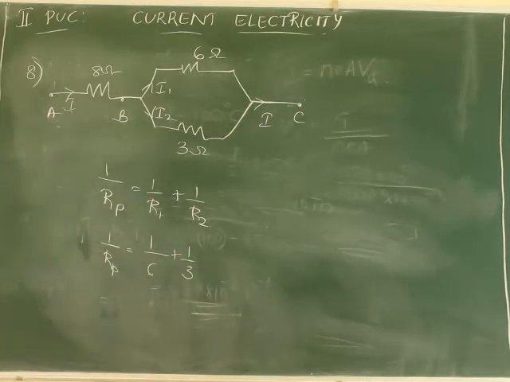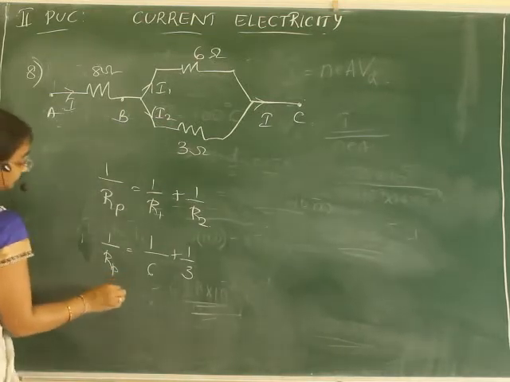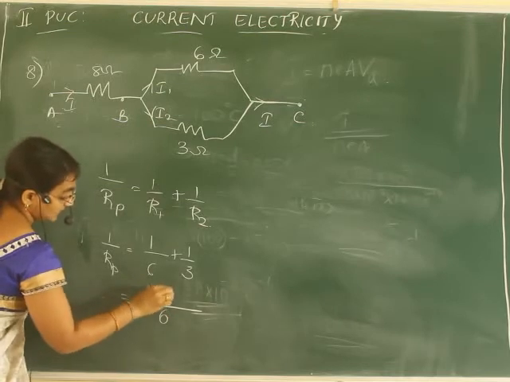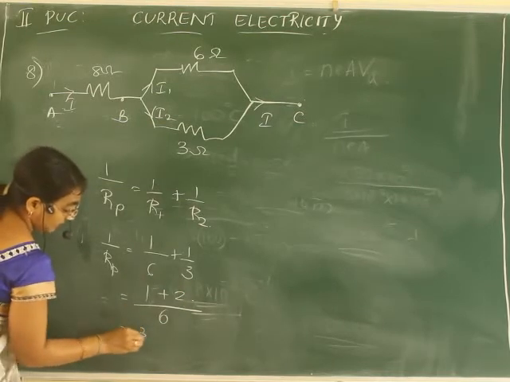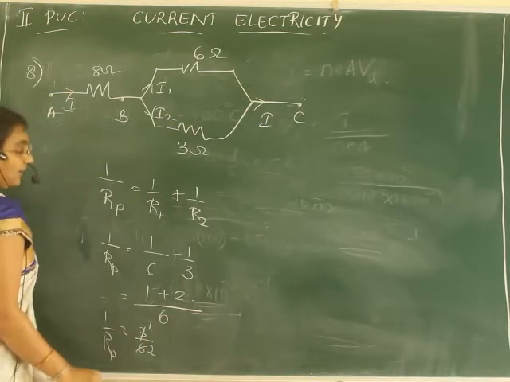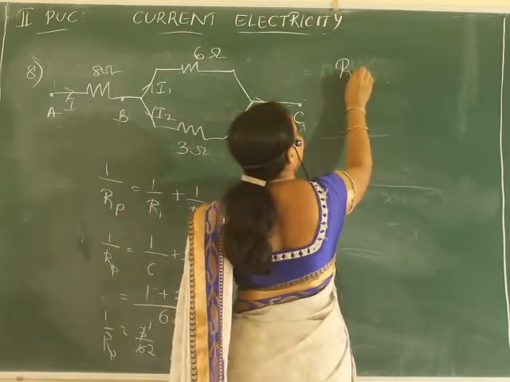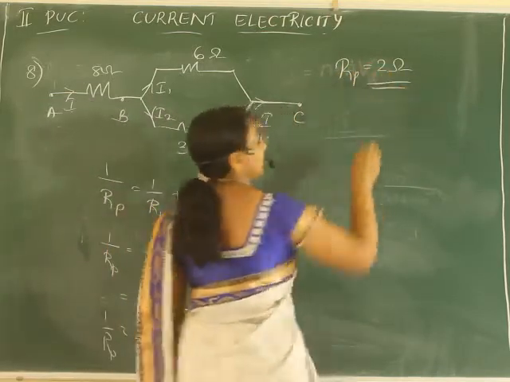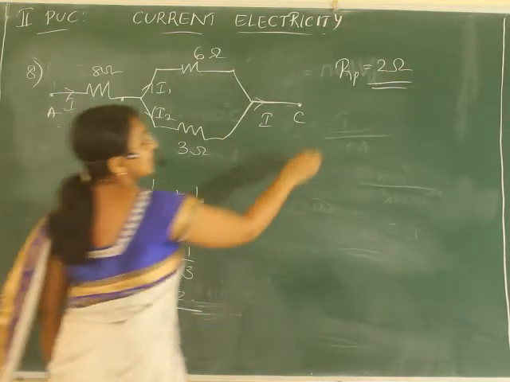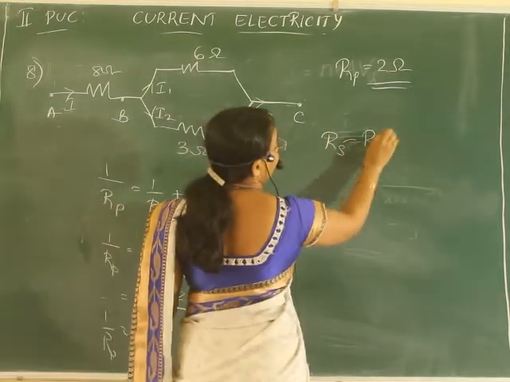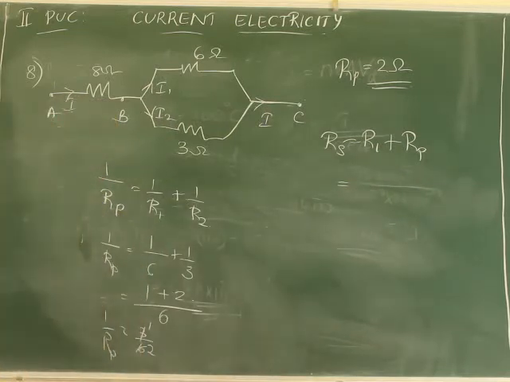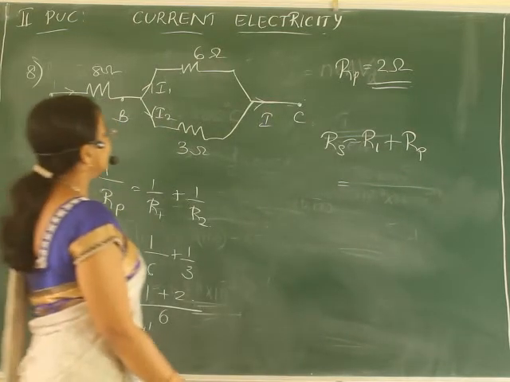What is the answer? 1 plus 2, that is 3 by 6. 3 ones are, 3 twos are. 1 by Rp is equal to 1 by 2, or Rp is equal to 2 ohm. Correct? Next, what you have to calculate? Series. Correct? Rs is equal to R1 plus Rp. Am I right?